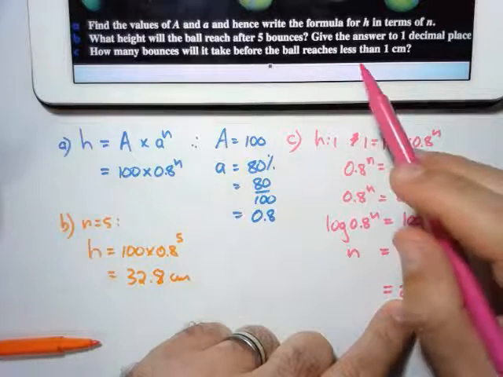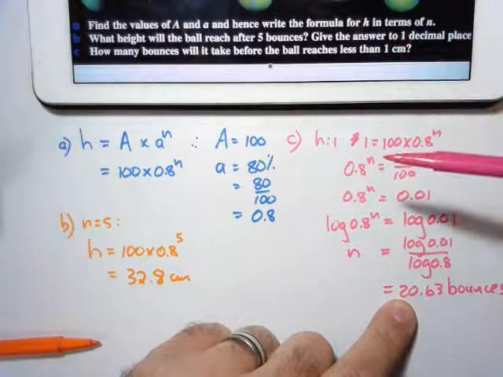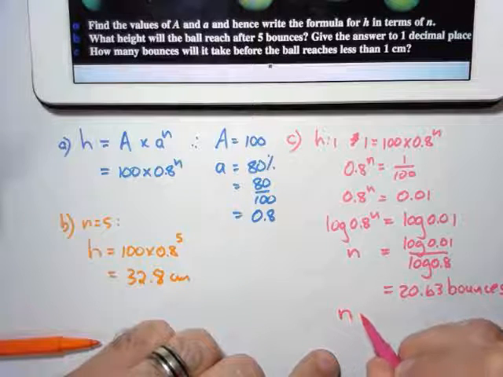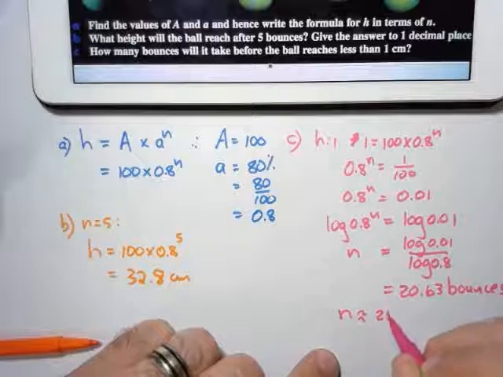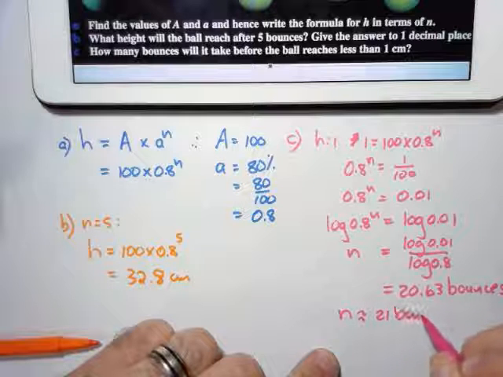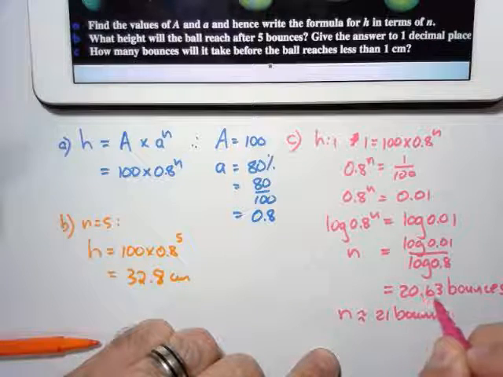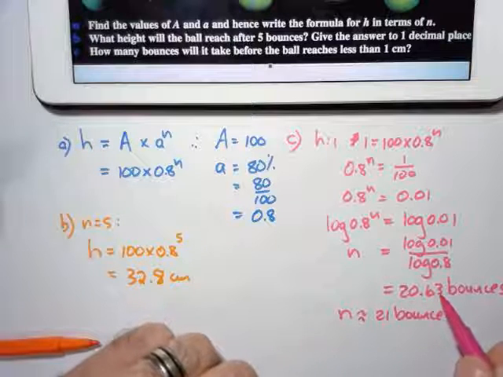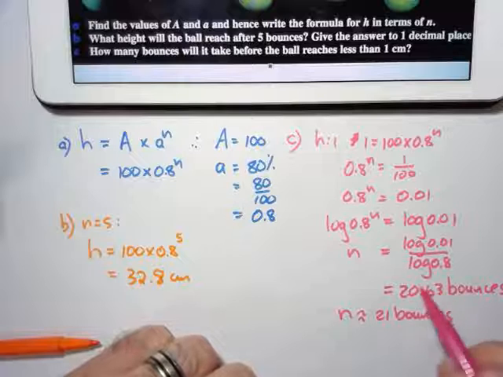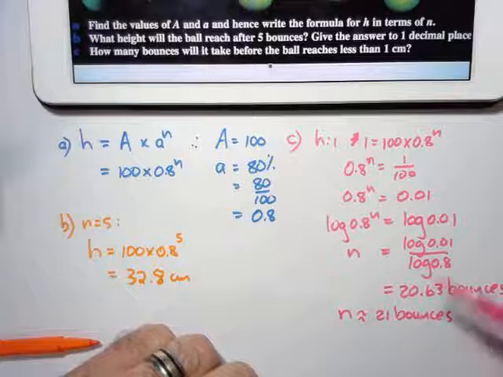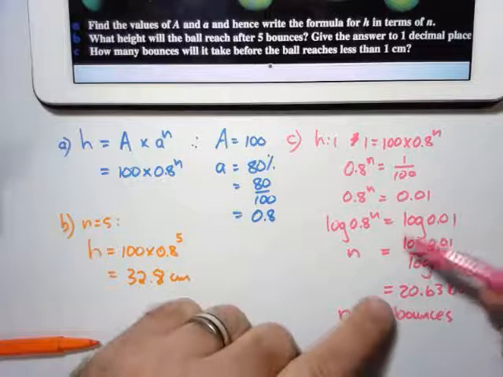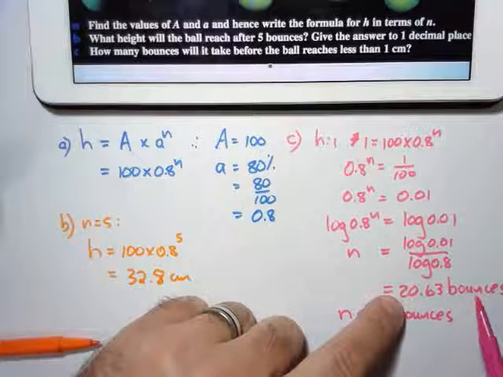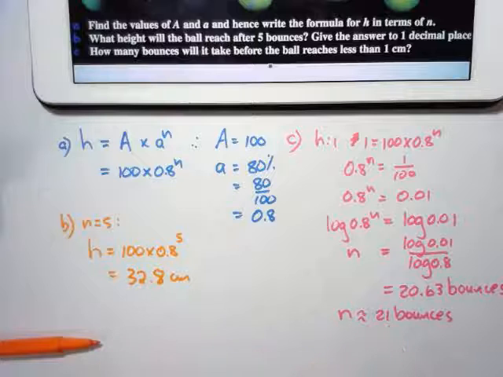So they ask us, when will we reach less than 1? And therefore, we will say, when n equals 21 bounces, not 20, because that is 0.63. This could have been 0.01. Do you have to round up? Yes, because it will only reach 1 centimeter after 20 point something bounces, and therefore 21 bounces.